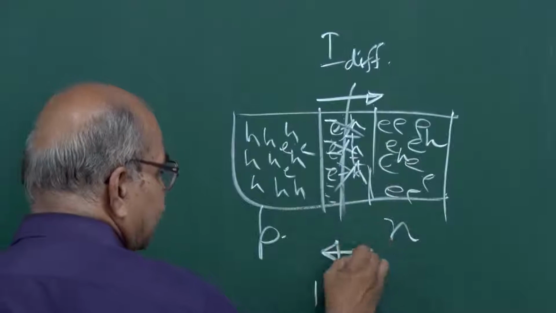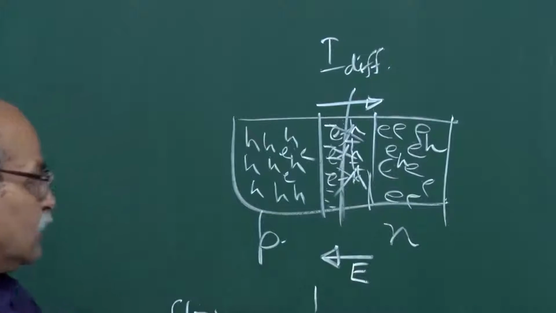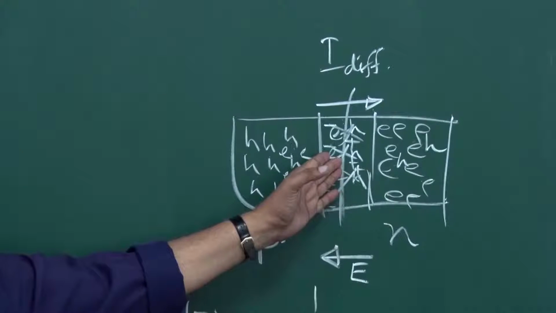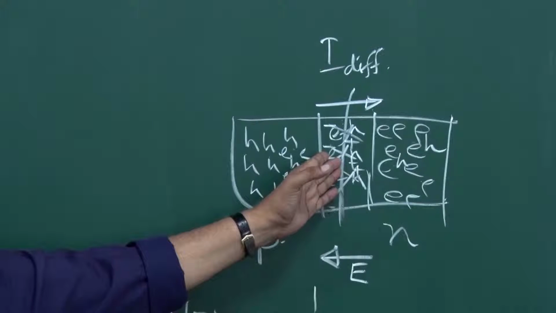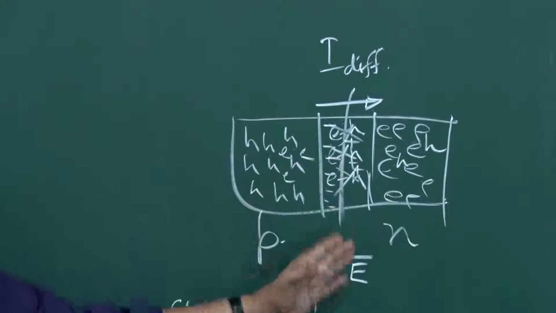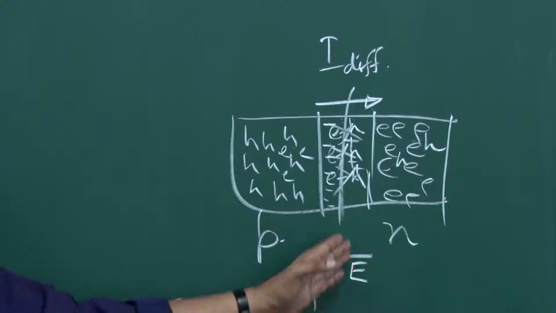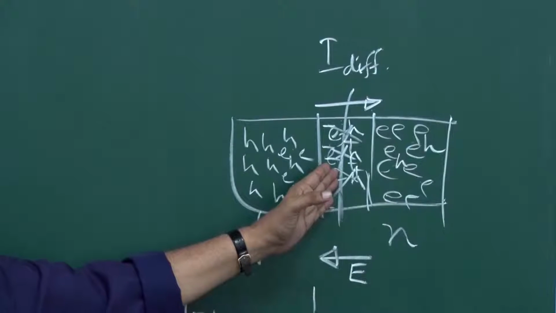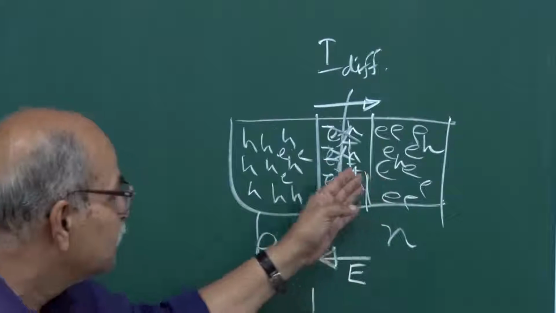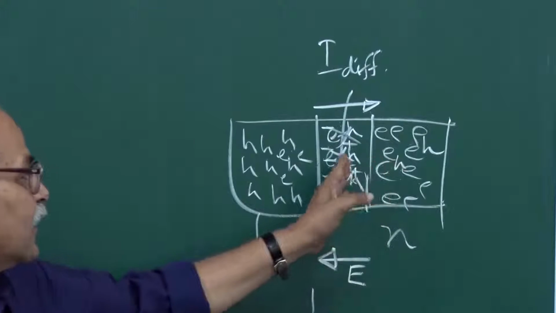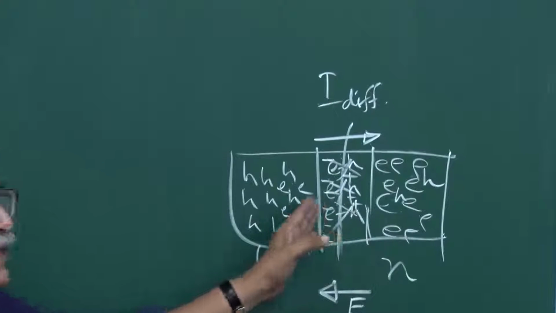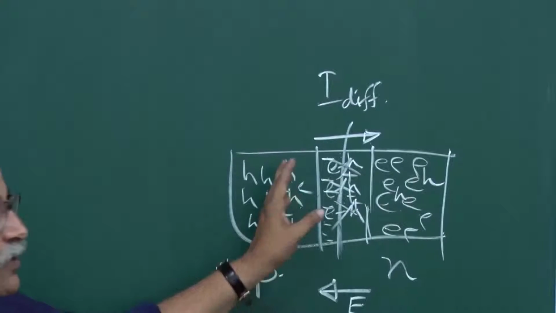So you have an electric field. As soon as this EH pair is created, this electric field will exert force on this newly created electron here, and that electron will be pushed to this side and the holes will be pushed to this side. So that mechanism also you can understand from here.